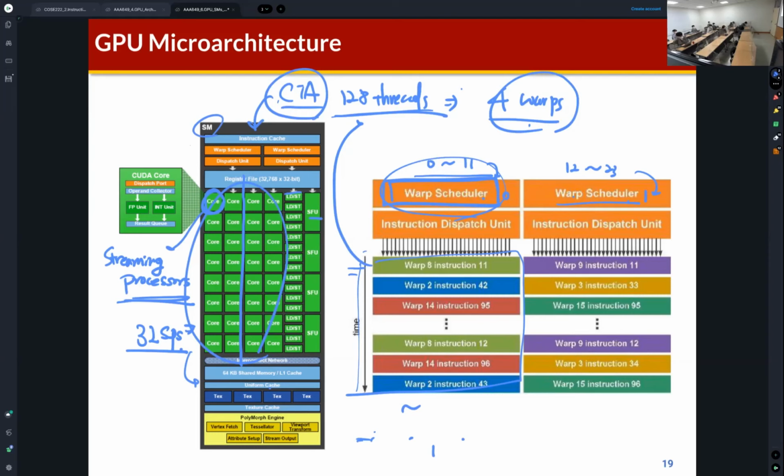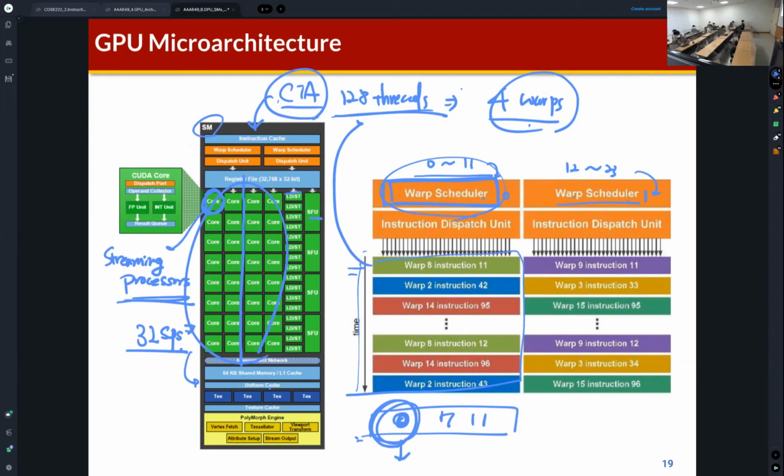Okay. And then what is fine-grained multi-threading? Let us assume that in this example, warps 0, 7, 11 are ready, and the warp scheduler selects warp number 0, and executes this warp number 0 on the SPs. So what will happen? Then warp 0 is being executed. Remember that the GPU structure is very simple. GPU does not have any data holding unit, so data cannot be held.